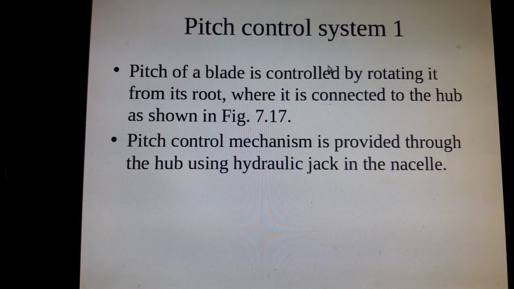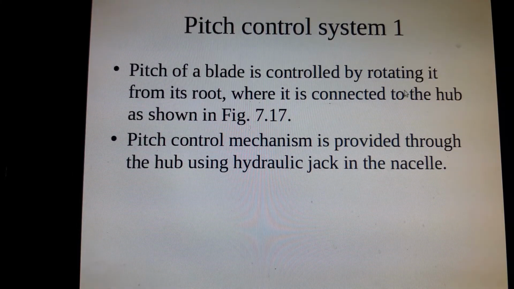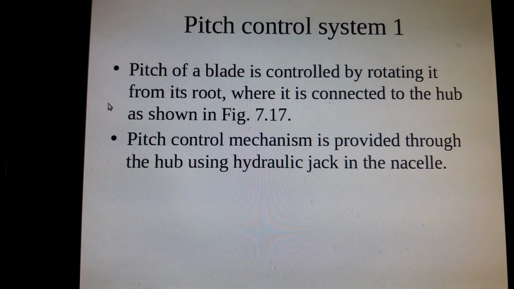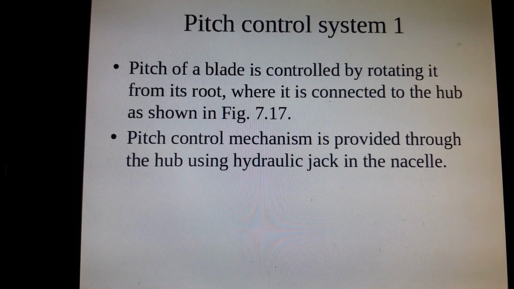So the pitch blade is controlled by rotating it from its root where it is connected to the hub. Pitch control mechanism is provided through the hub using a hydraulic jack in the nacelle.